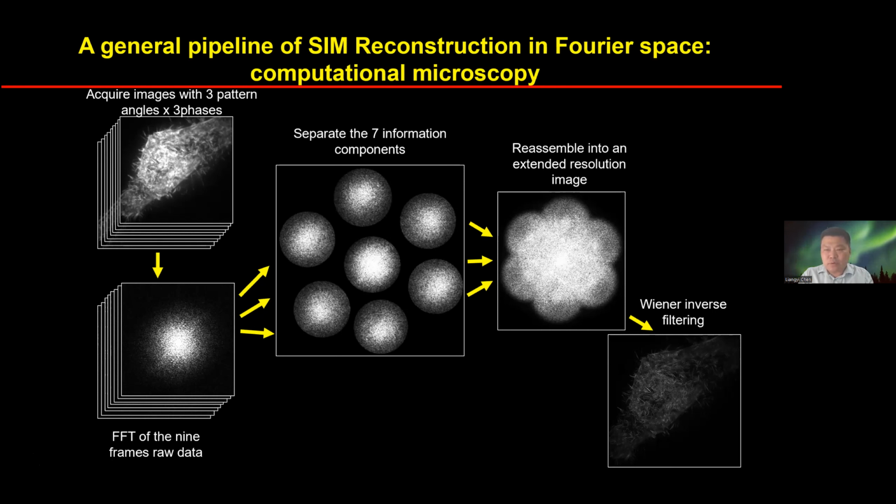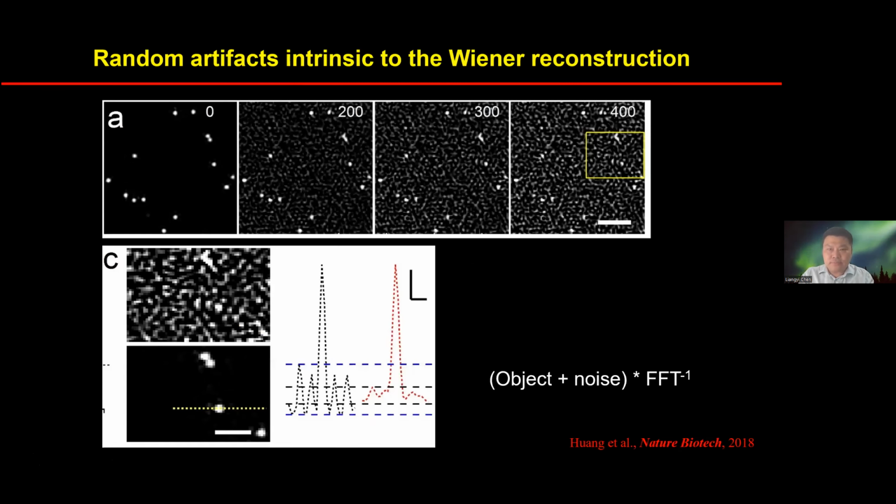Then you get the super-resolved image. I described this process just to show you that the image you really see is not seen through your eye or through your camera. It's after all this computation that you get the image you see. So in this sense, it's a computational methodology.